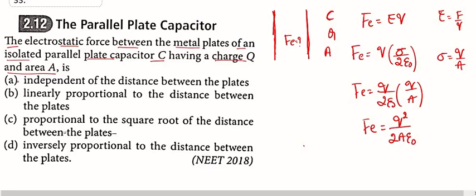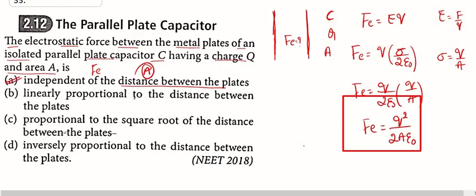So the electrostatic force is independent of the distance between the plates. Look at this equation; it is surely independent of distance. The options are: linearly proportional to the distance between the plates, proportional to the square root of the distance, inversely proportional to the distance.